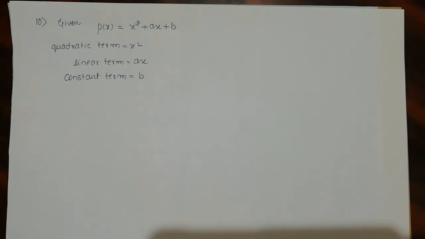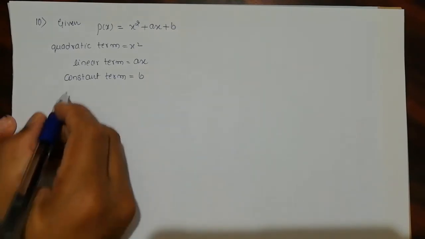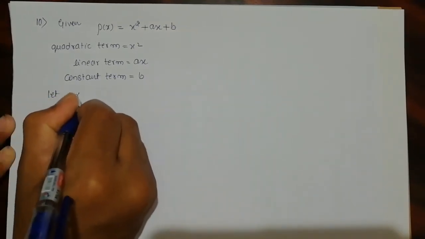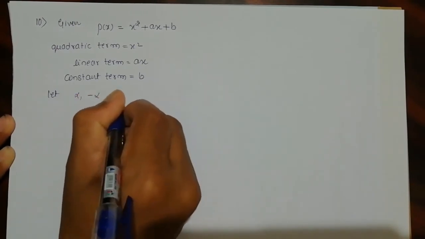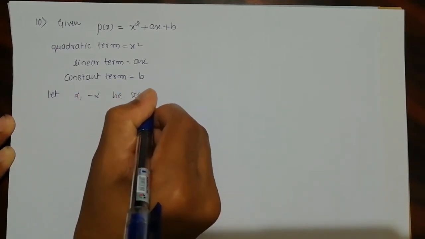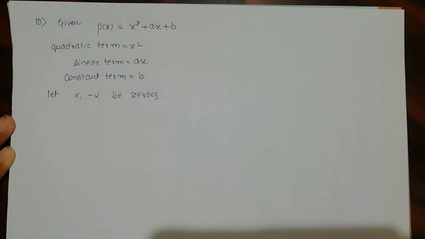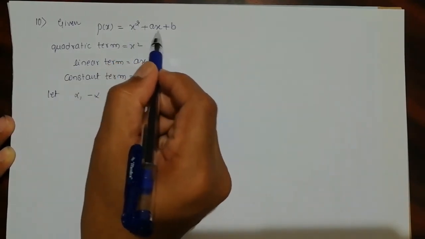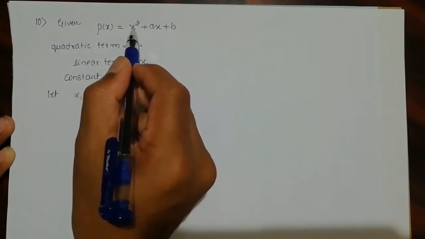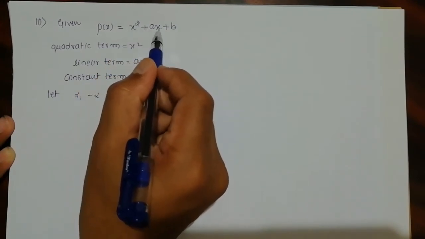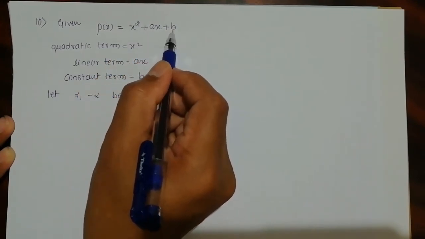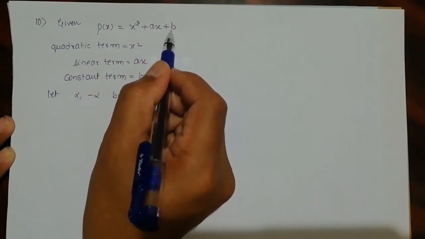First I'm going to decide what will happen when one zero is the negative of the other. So let alpha comma minus alpha be zeros. The given polynomial is like this: the coefficient of x square is 1, the coefficient of x is a, and the constant term, the last term, is b.